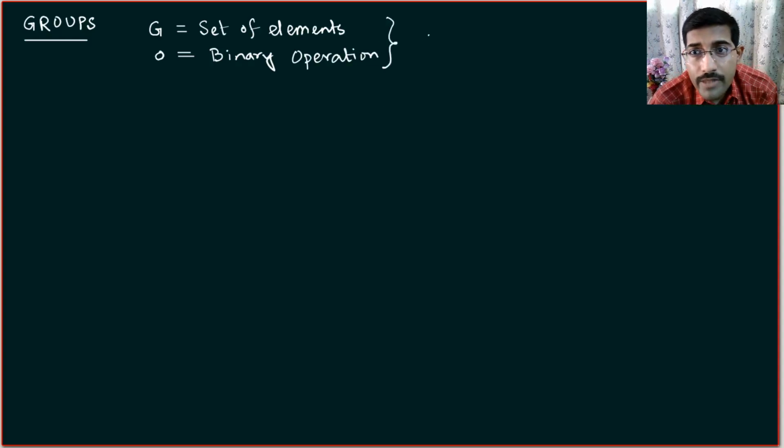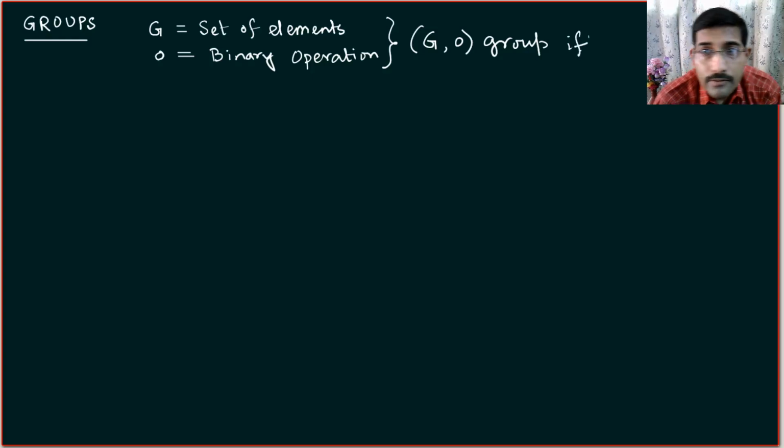Then we define G with the binary operation O as a group if these properties are satisfied. Number one, we have the closure property.